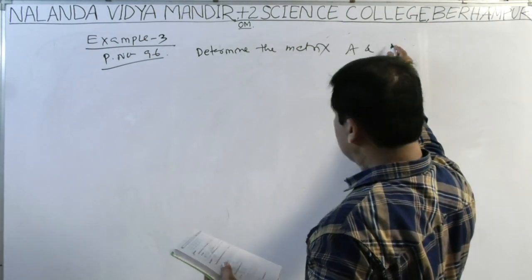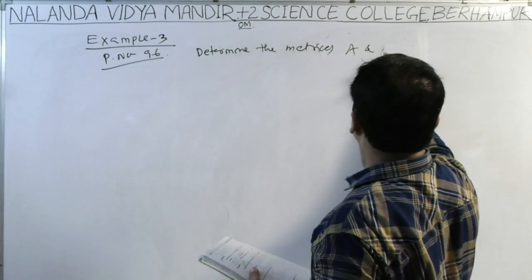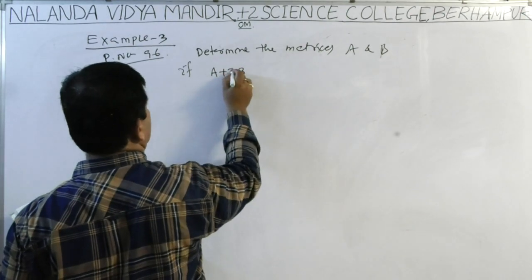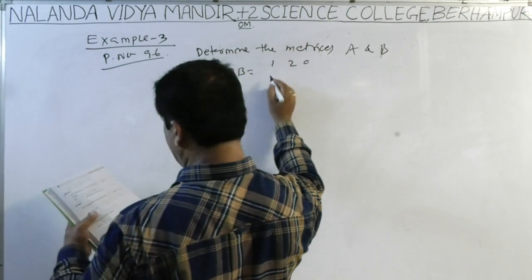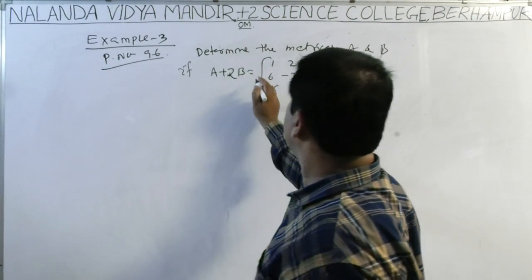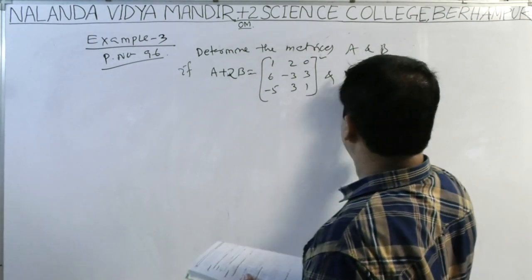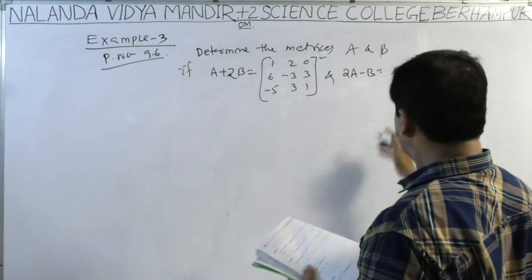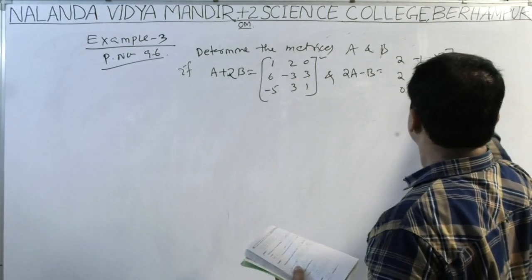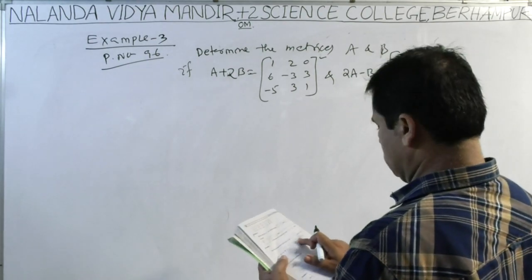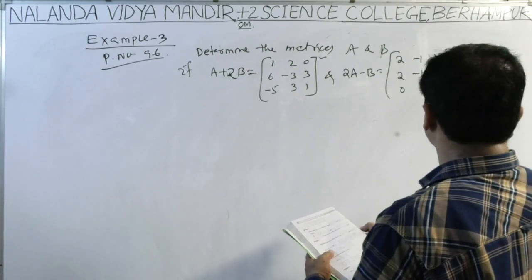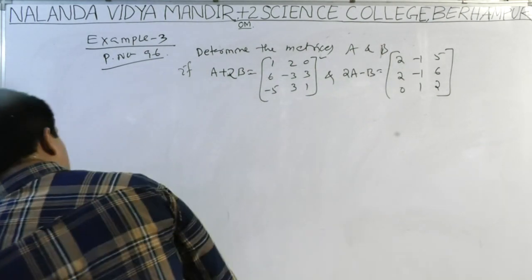Determine the matrices A and B if A plus 2B is equal to the matrix [1, 2, 0; 6, -3, 3; -5, 3, 1], and also given 2A minus B is equal to [2, -1, 5; 2, -1, 6; 0, 1, 2]. Then find the matrices A and B.